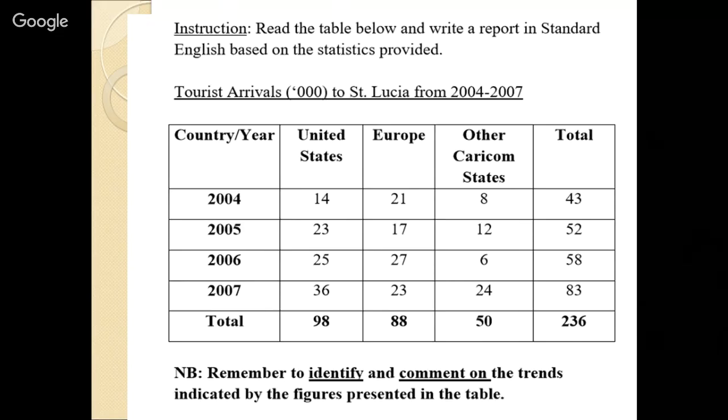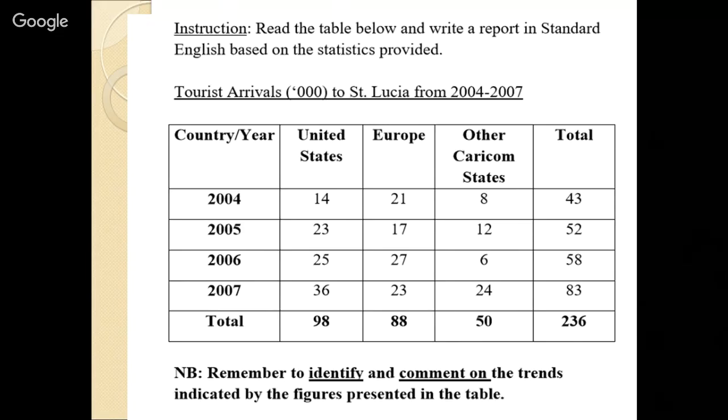So somebody tell me which country had the highest number of visitors? Yes, Hunt, Basmat, Taylor, Paul, correct. And the other CARICOM states would have had the lowest, right?